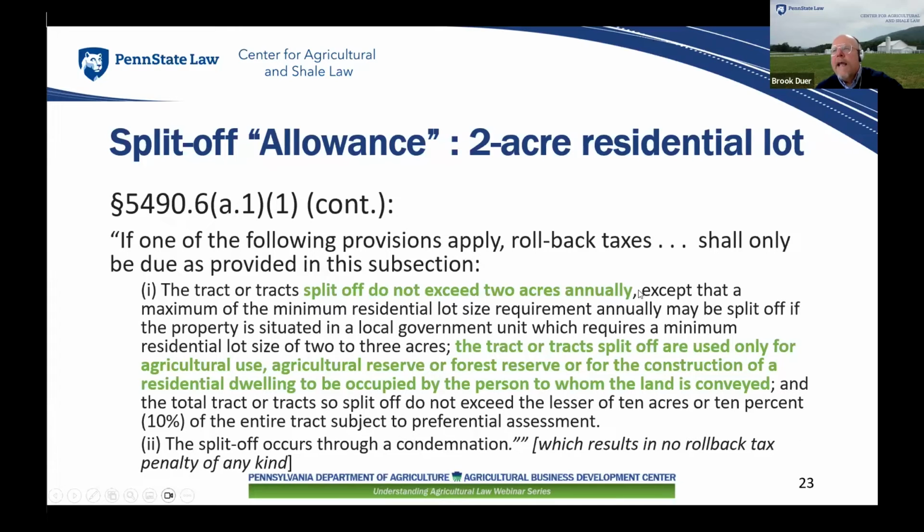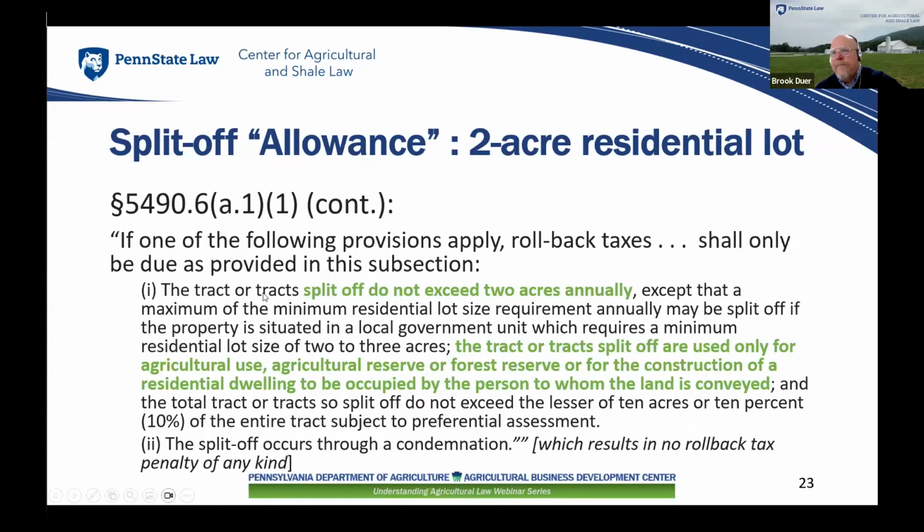If you are in a municipality that has a 3-acre minimum lot size for the district that you're in, you can get up to a 3-acre residential lot allowance. Okay, that's what this language in the middle of this paragraph says.